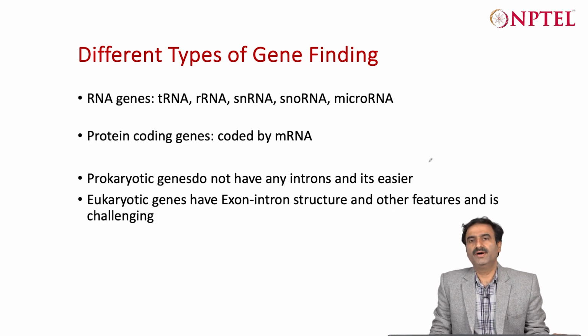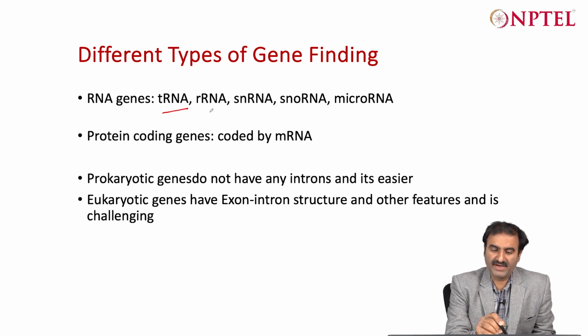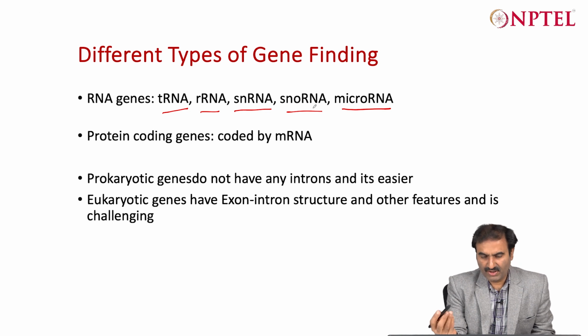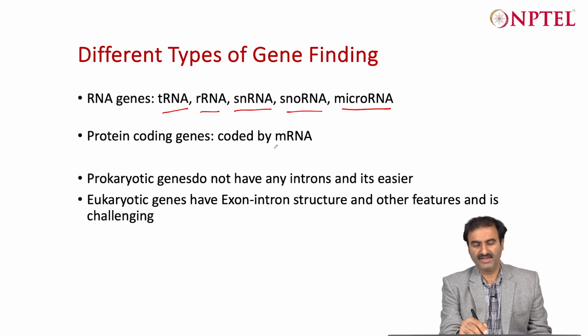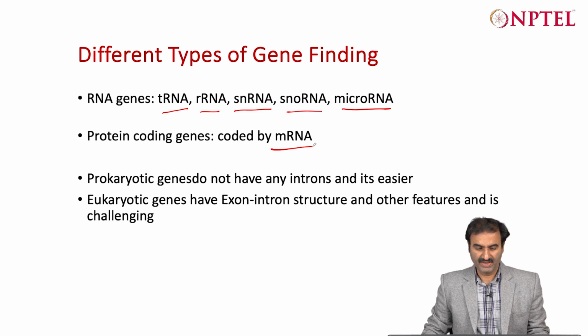Okay, so far the previous discussion that we had was mostly about protein coding genes. There could also be RNA genes, like tRNA, ribosomal RNA, structural RNA, small nuclear RNA, or microRNA, right. Long non-coding RNA, and many different kinds of RNAs are now gaining a lot of importance, along with the protein coding messenger RNA or mRNA, okay.